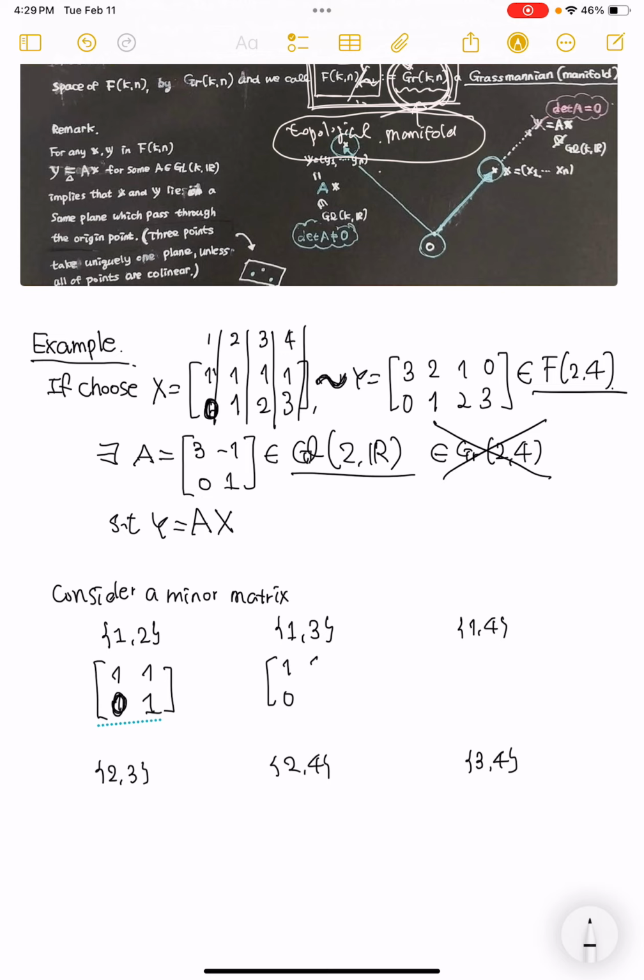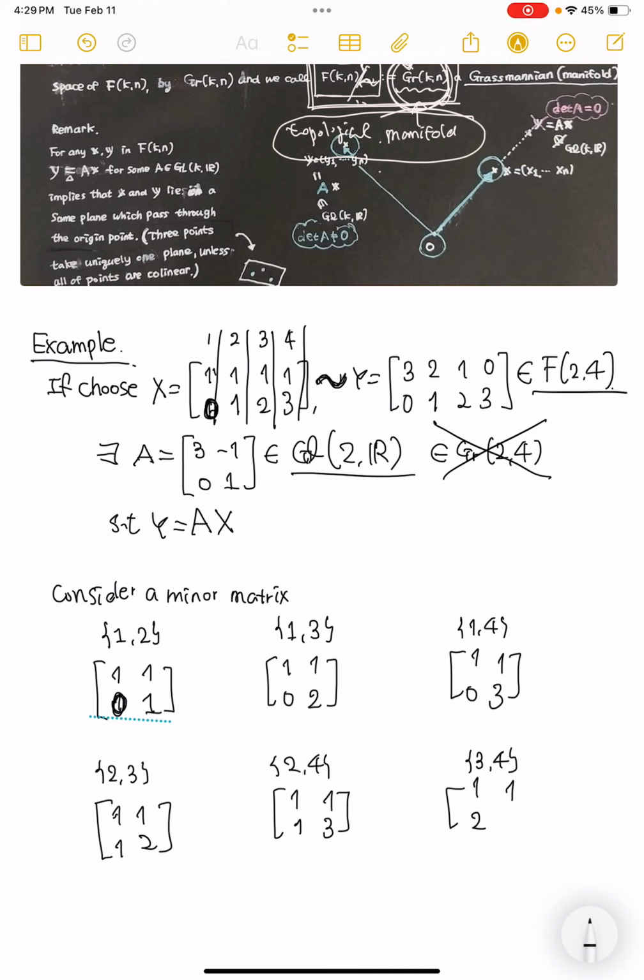For 1 3, we take 1 0, 1 2. Next, 1 1, 1 2... Last, 1 2, 1 3.